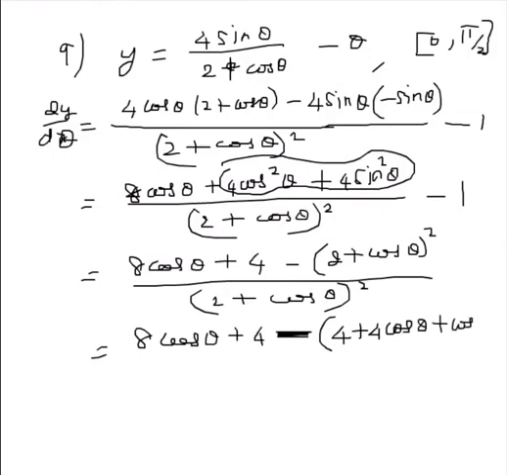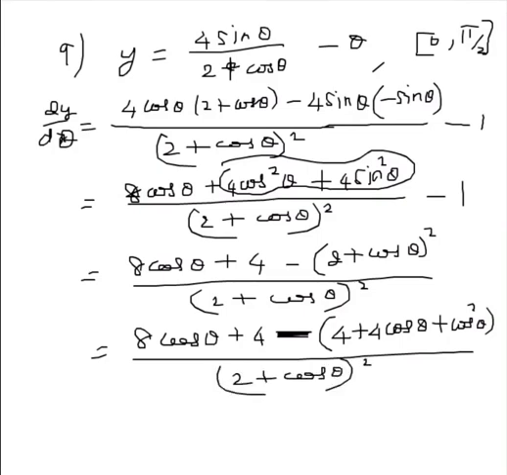Plus cos square theta. No need to expand the denominator. Keep it in this whole square form. Whole square is always positive. Easy it is. 4 gets cancelled. And here for 8 cos theta minus 4 cos theta is 4 cos theta minus cos square theta. 2 plus cos theta the whole square.